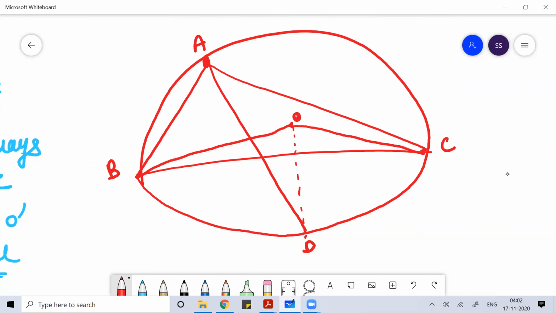Okay, so O is the center of the circle. Because O is the center of the circle, I have already proved that.